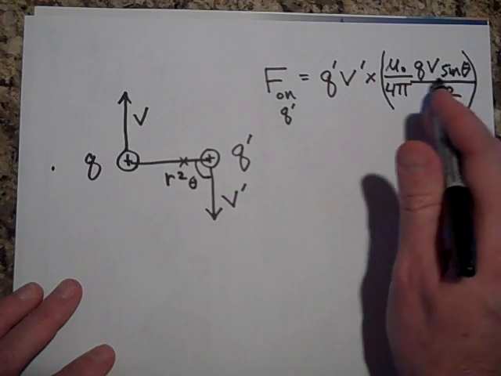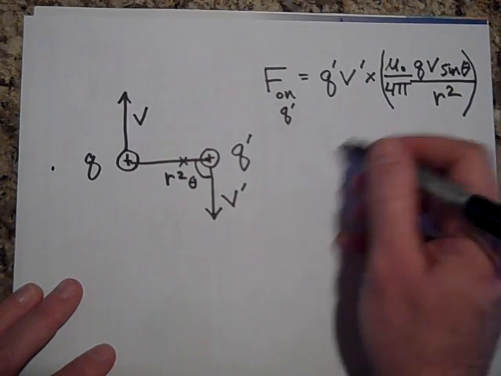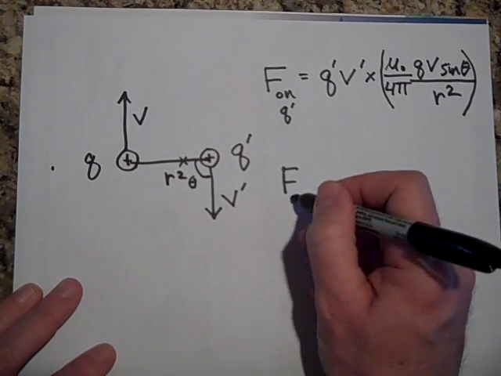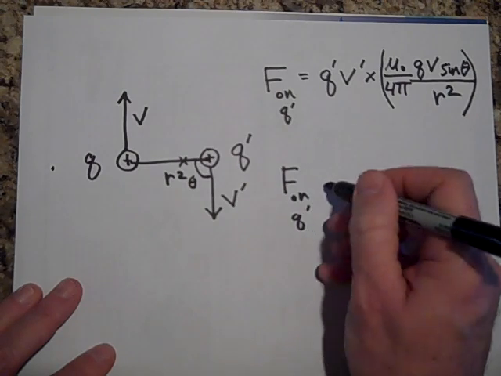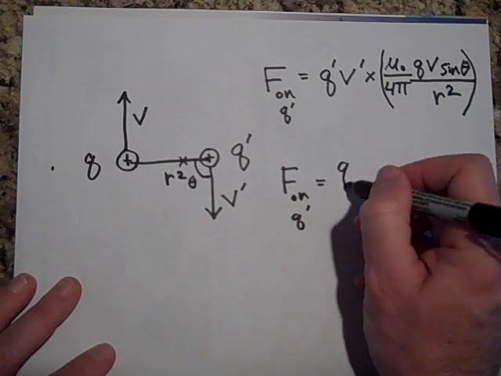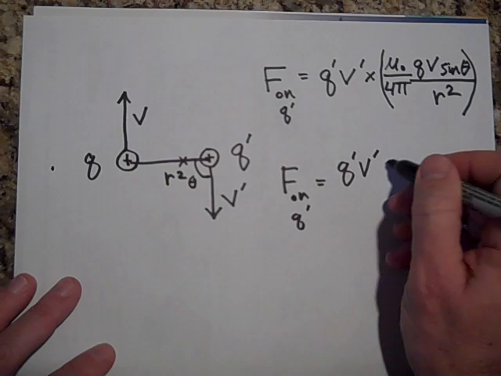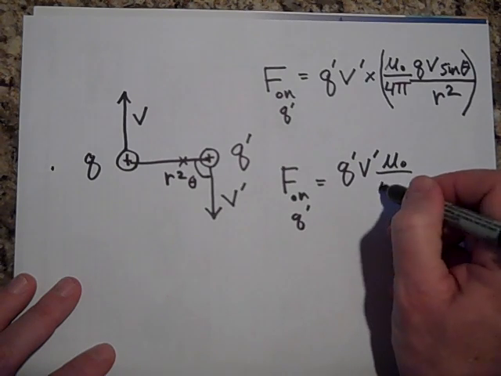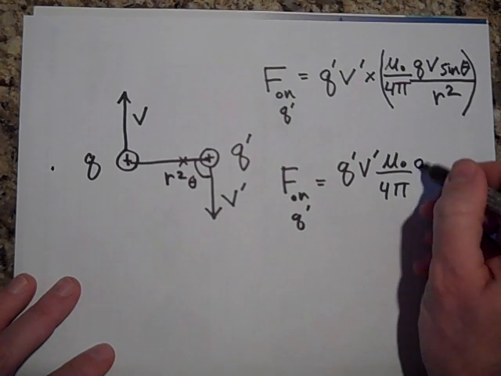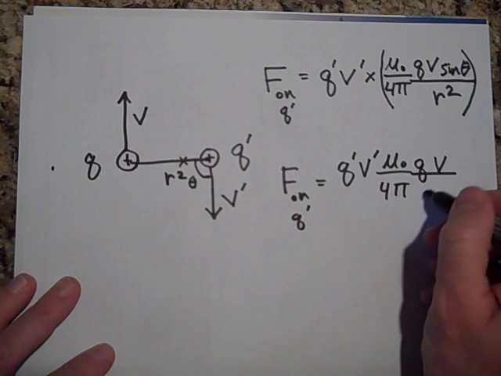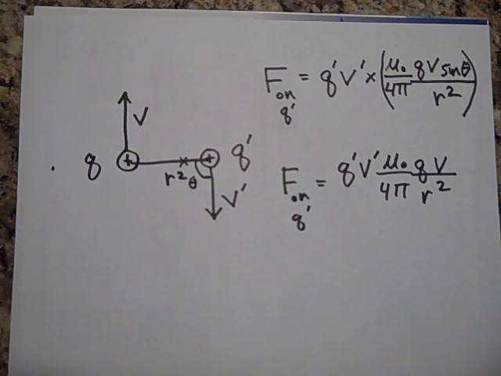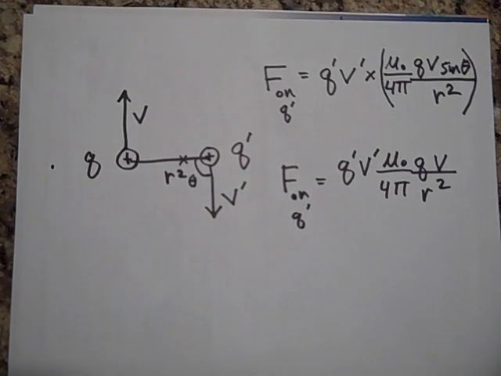And so these both simplify. The force on Q prime is going to be equal to Q prime V prime times mu naught all over 4 pi, Q times V all over R squared. Same kind of idea as the two wires. All right, thanks. I'll talk to you.